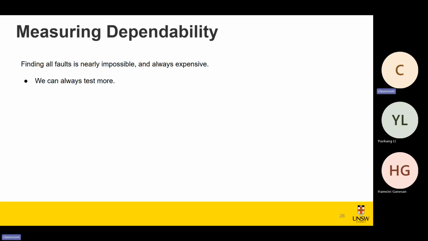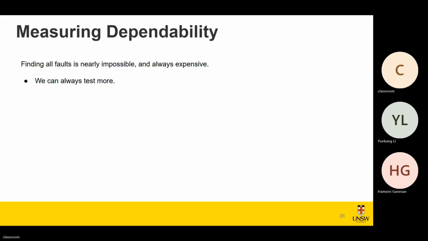So we have learned that finding all faults is nearly impossible because the program could have infinite number of states, and we could have infinite number of test inputs, and we could have infinite number of scenarios. And even if a piece of software can work correctly according to the requirements today, it may not work tomorrow because the requirements might change as well, right?